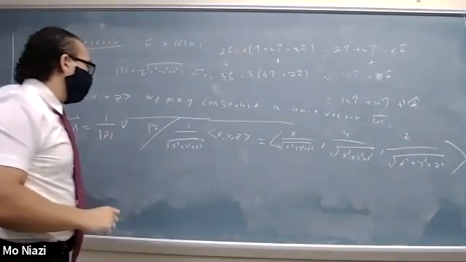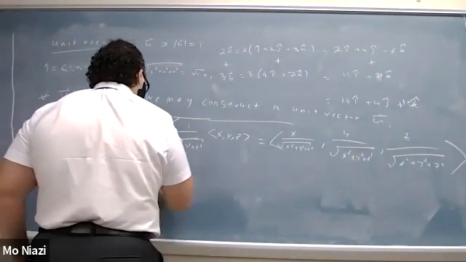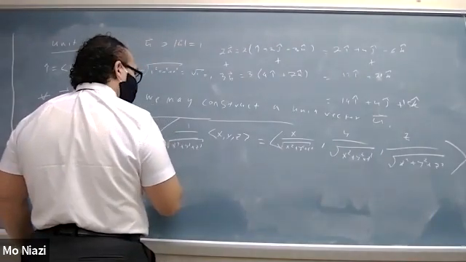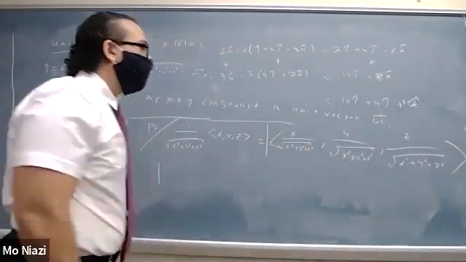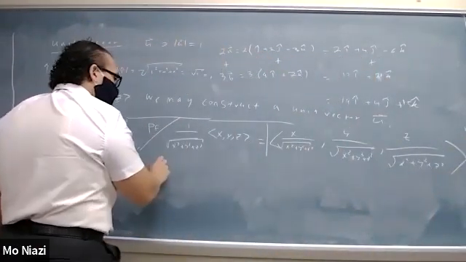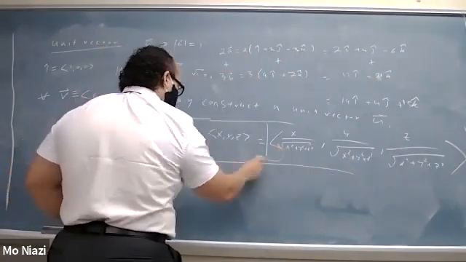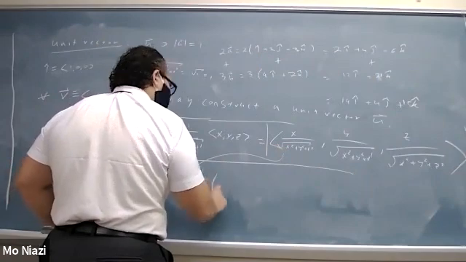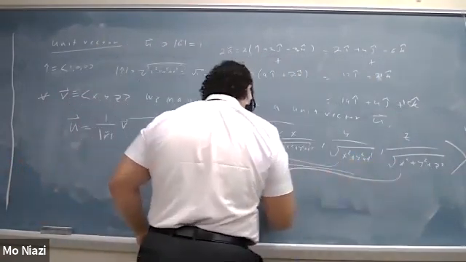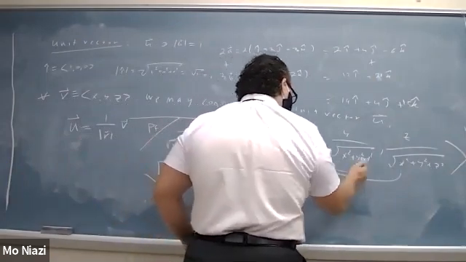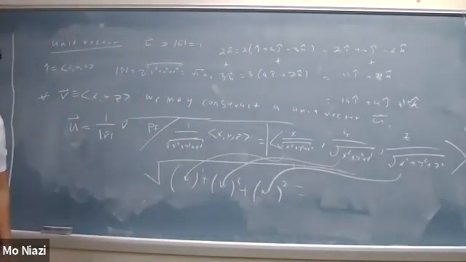But I'm trying to prove it's a unit vector. So I have to take the magnitude of this. Once I take the magnitude of that, really, I just get one giant square root: this thing squared plus this thing squared plus this thing squared. Can everybody see?